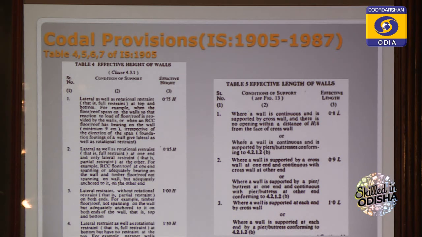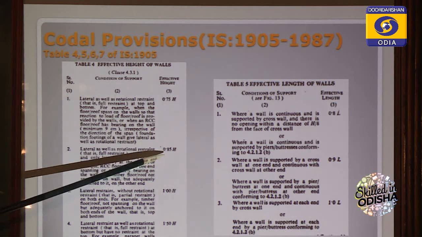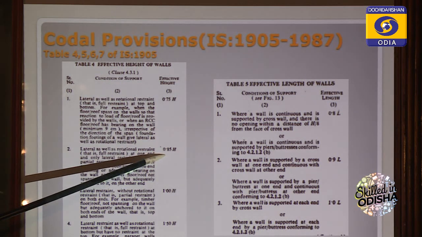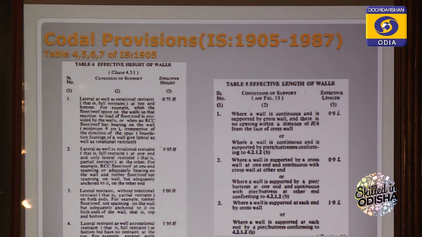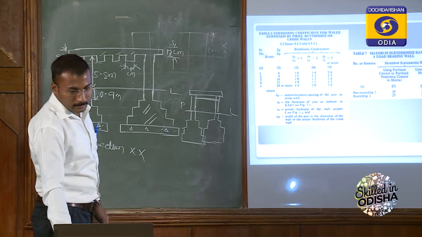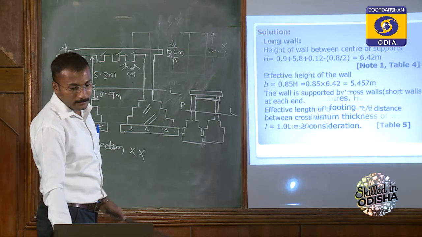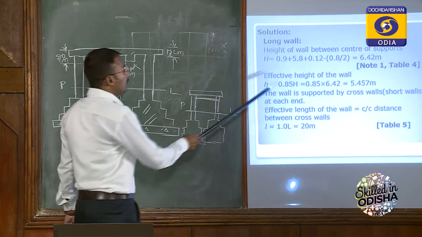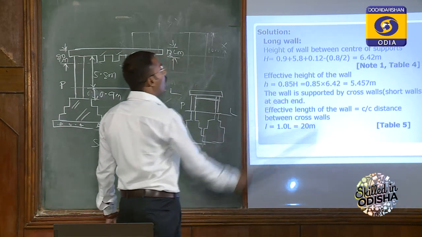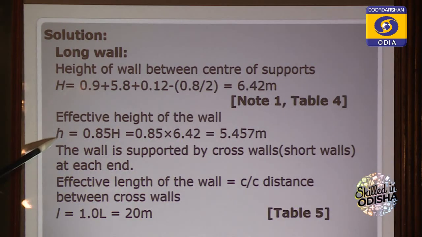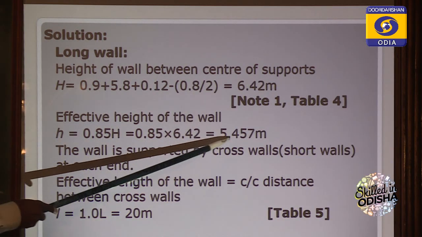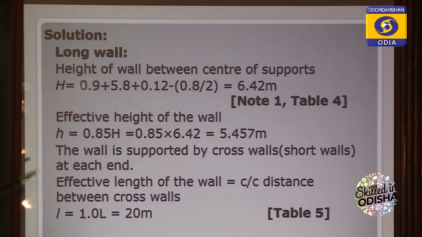So in this case the effective height of the wall will be 0.85 times the height. So in that formula we have replaced h as 6.42 meter, and the effective height is coming 5.457 meter, and the wall is supported by cross walls.